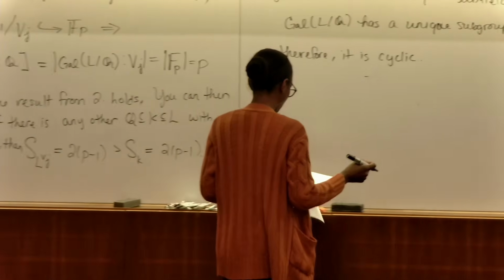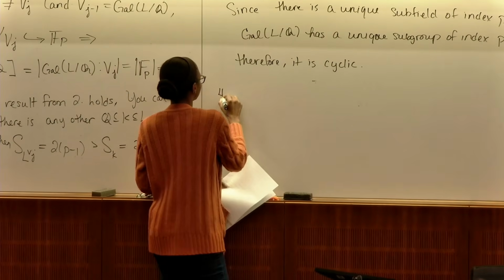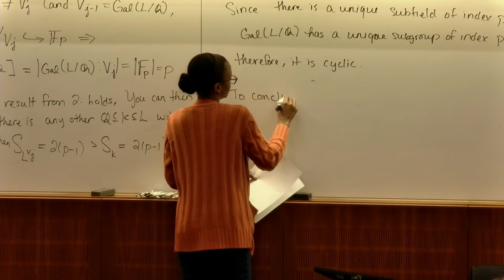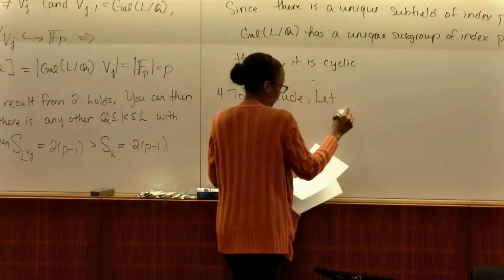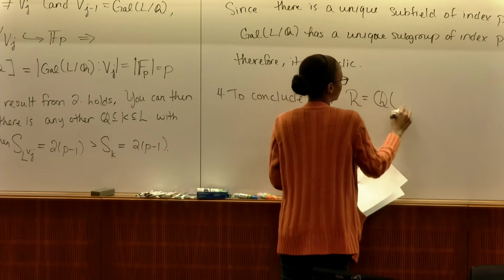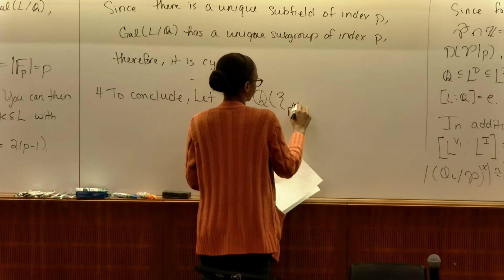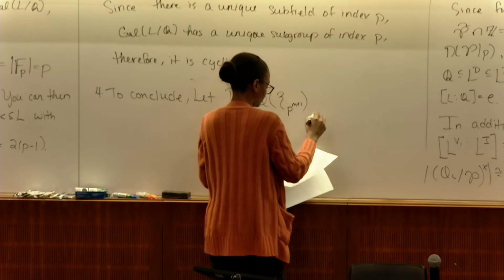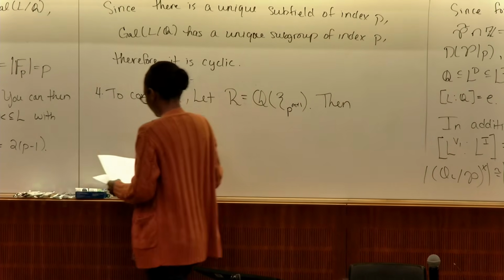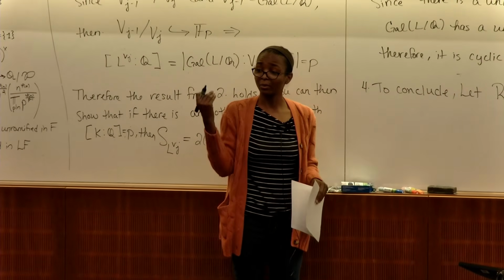Okay. Okay, finally, to finish. We're going to take R to be the P to the M plus 1 cyclotomic field. Then one of your exercises for today is to complete an argument that we started all the way back in lecture 1.